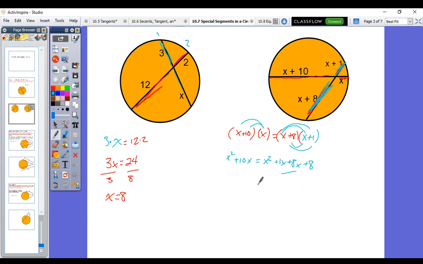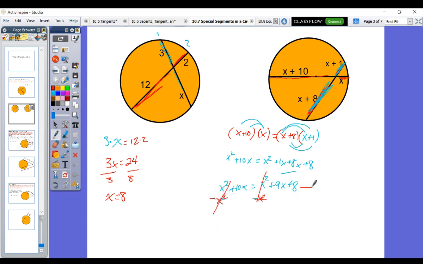Combine like terms, and we get X squared plus 9X plus 8. Over here we got X squared plus 10X. The great thing about having X squared on both sides is that when I subtract X squared from both sides, they cancel each other out.